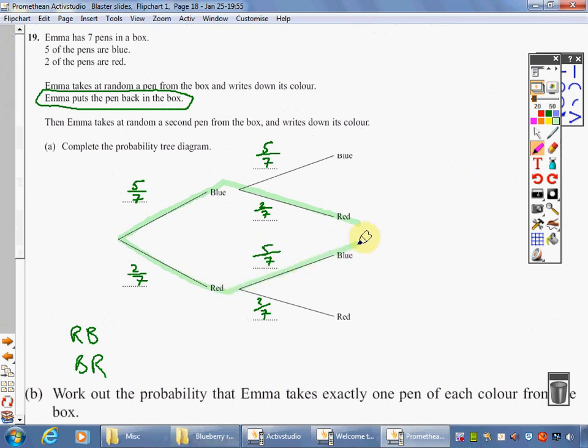So I want both of these 2 outcomes here. The probability of a blue red is 5 over 7 times by 2 over 7. The probability of a red blue is 2 over 7 times by 5 over 7.